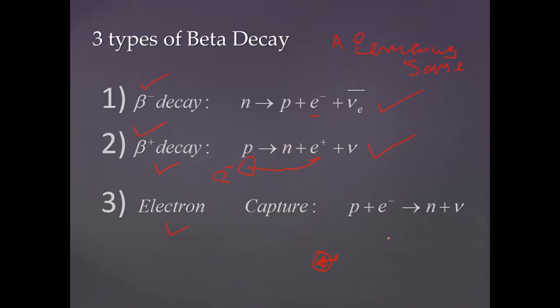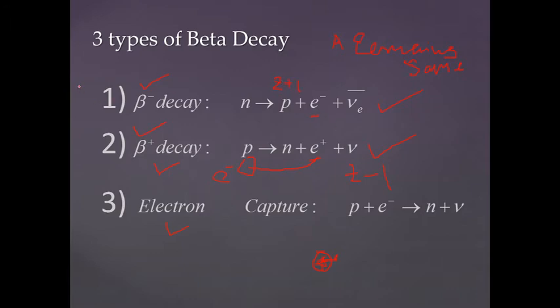In both these processes, Z decreases by 1 unit because a proton is getting converted into a neutron. There is one reduction in proton. So here Z becomes Z minus 1, and here a neutron is getting converted into a proton, so the daughter's Z will increase by 1 unit.